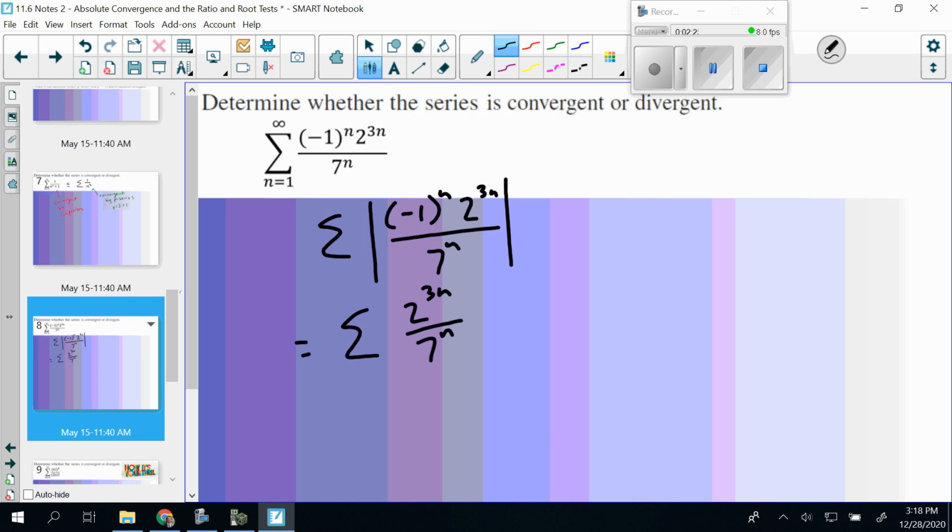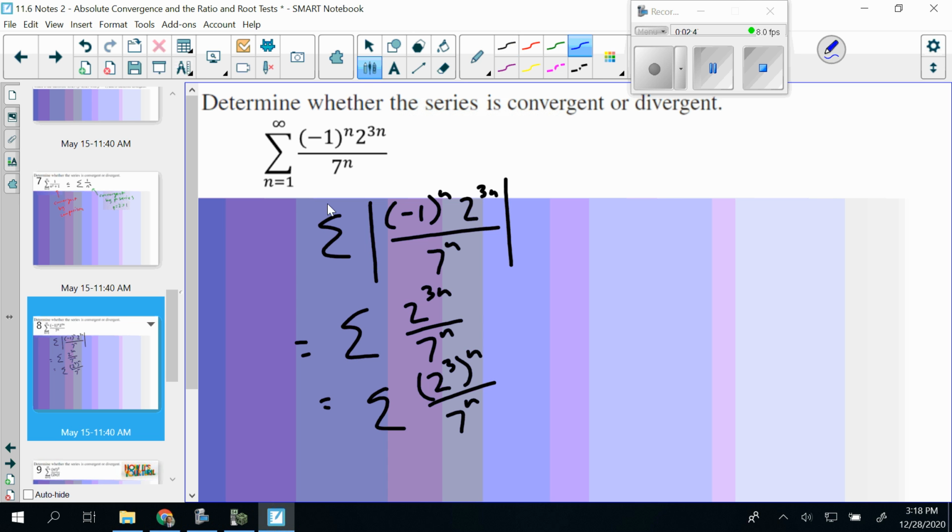Well, let's see what we know about this series. Another way to write this out would be that in our numerator, we could write this as 2 to the third to the n, because with a power to a power you multiply.